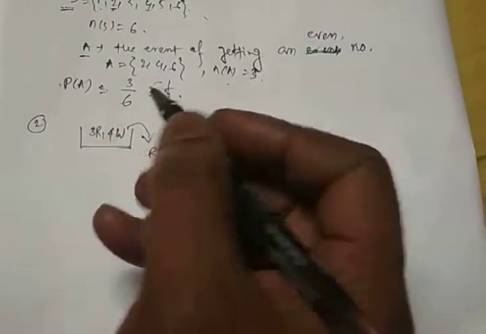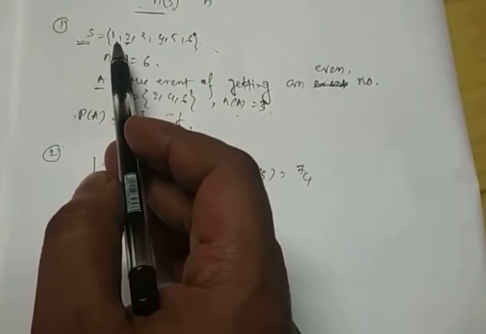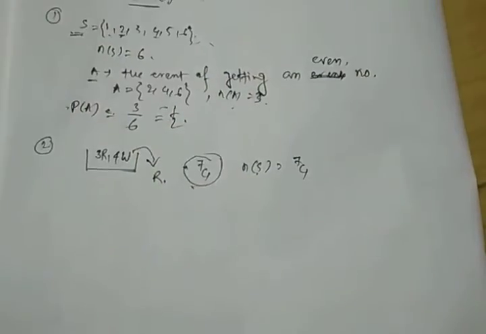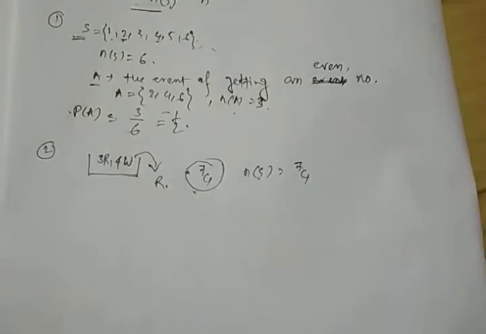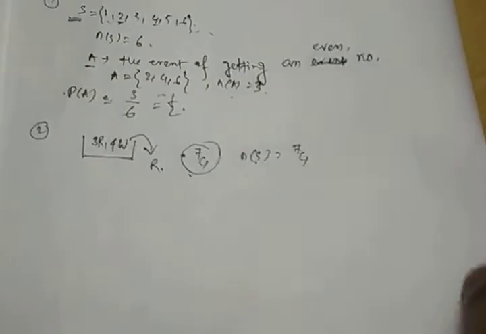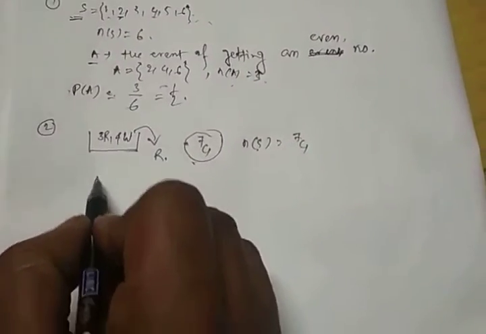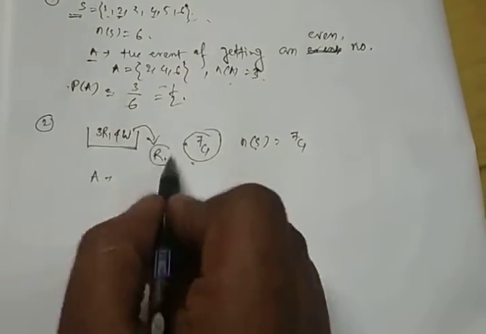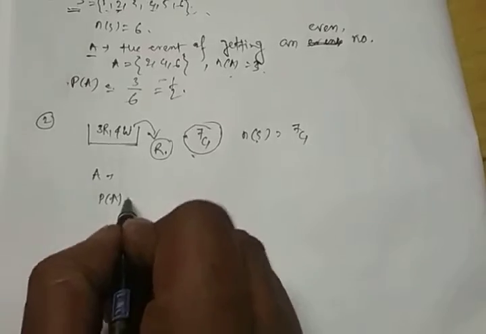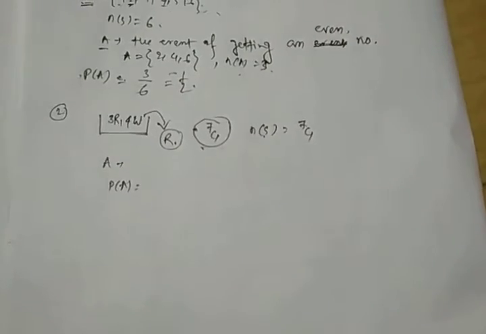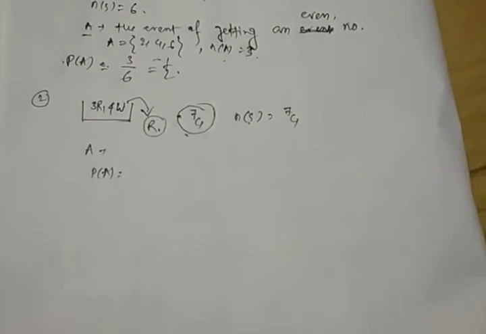We don't have to take S in this form. We need the total number of elements in the sample space. Now if we take A to be the event of getting a red ball, we have to find P of A. Now we have to calculate the favorable events.